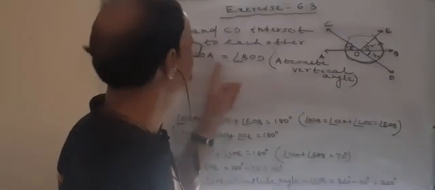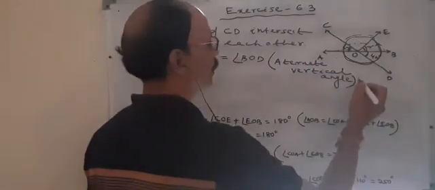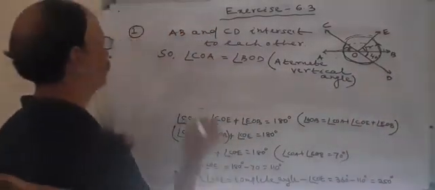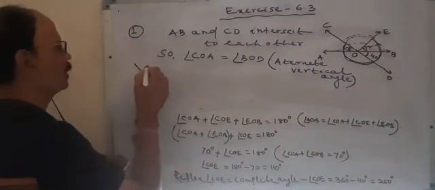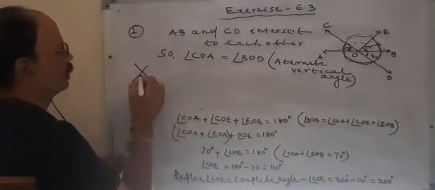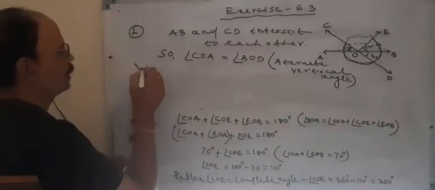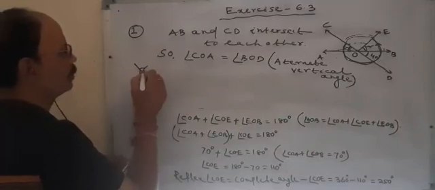When two lines intersect each other, then opposite vertical angles are equal to each other.